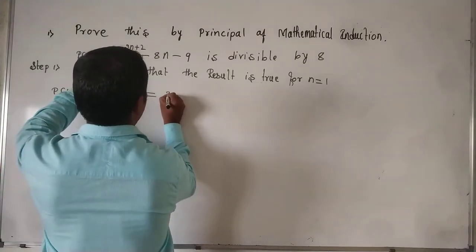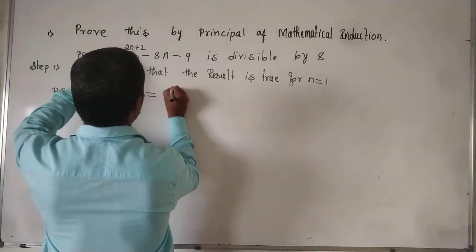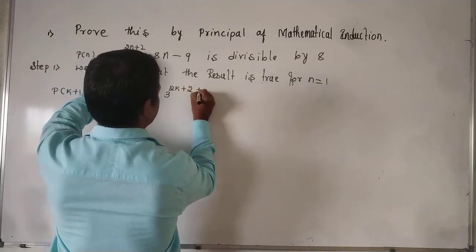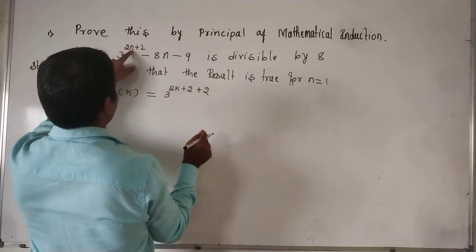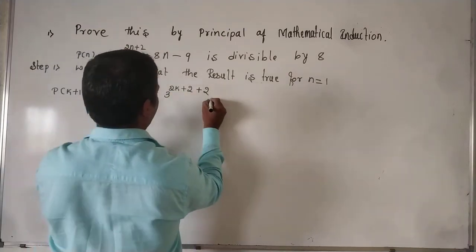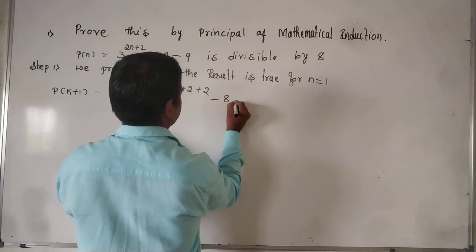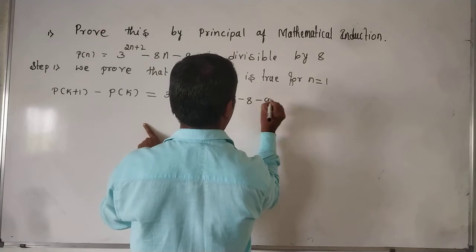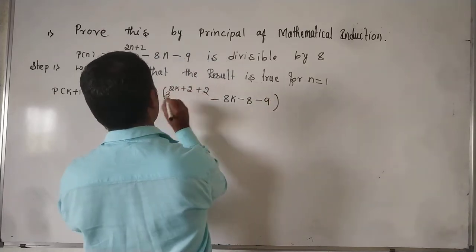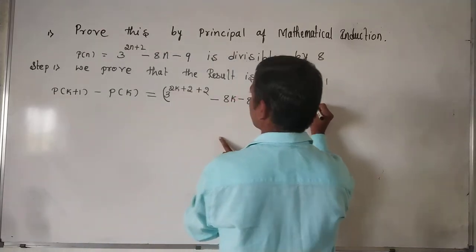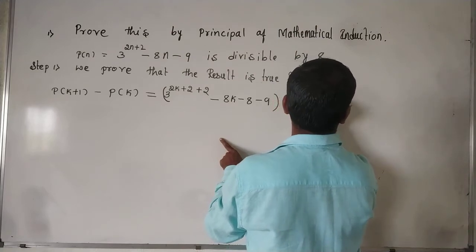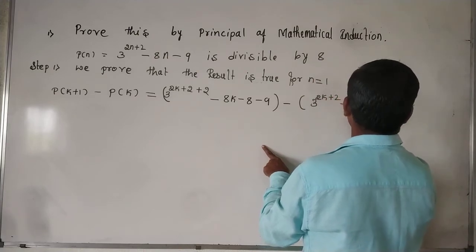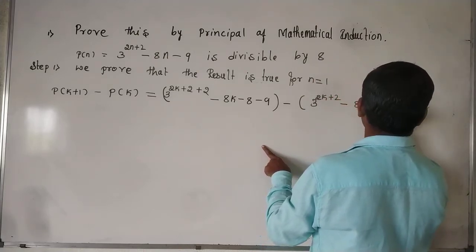So that is 3 raised to 2k plus 2 plus 2, multiplying k plus 1, minus 8k minus 8 minus 9. So this is P of k plus 1, minus P of k, which is 3 raised to 2k plus 2 minus 8k minus 9.